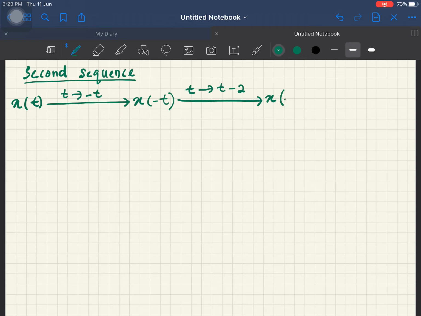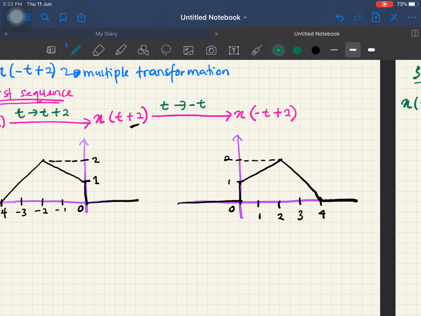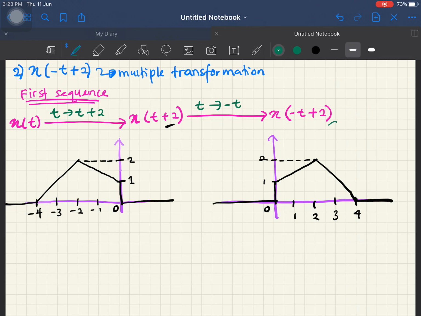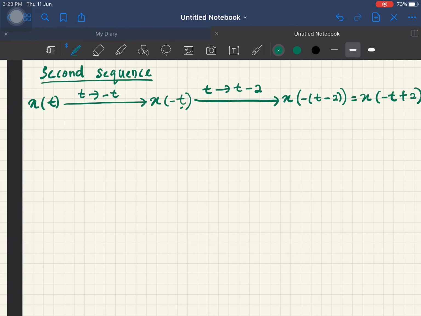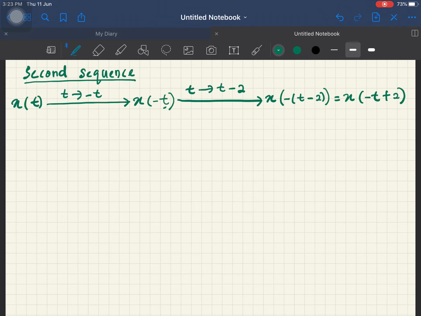So you will get x of minus, and the whole of this t becomes t minus 2. So you will get x of minus t plus 2, which is the same equation as before.